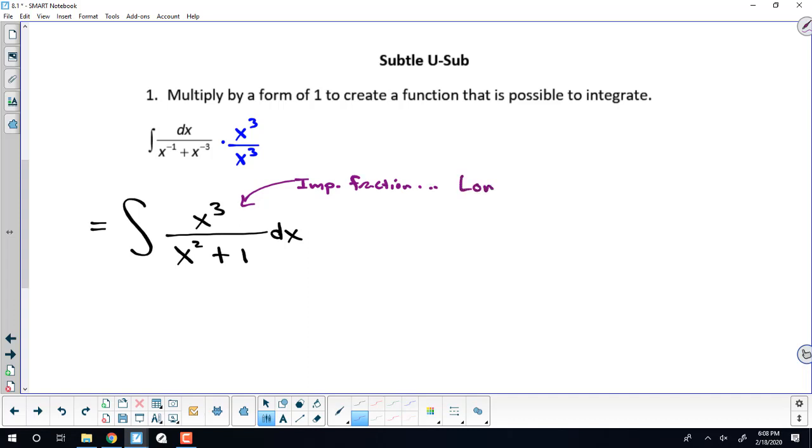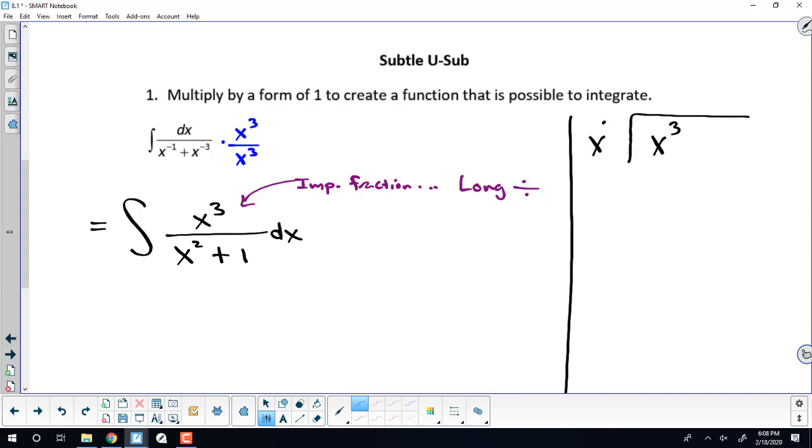We have to use long division, so we'll do that over here. Okay, so we're going to divide x cubed by x squared plus 1.